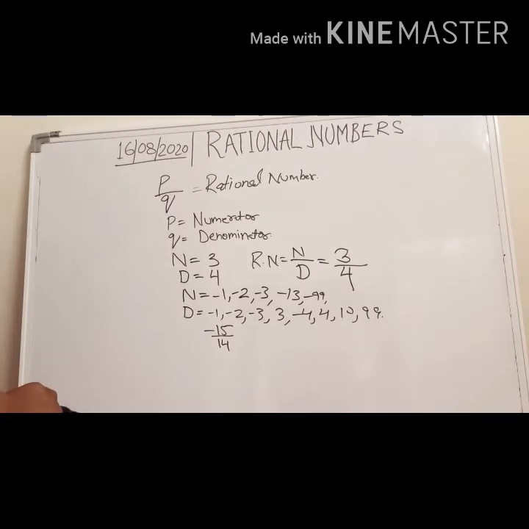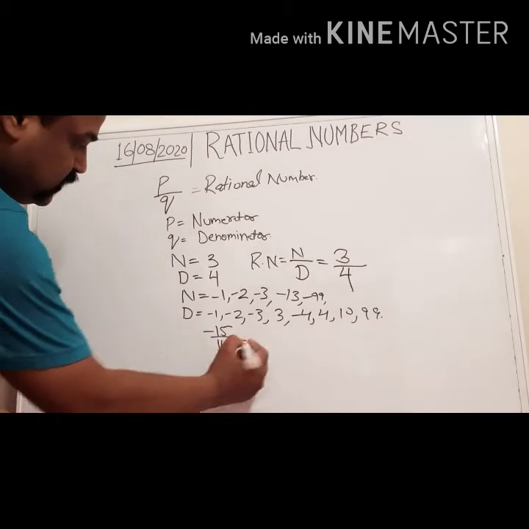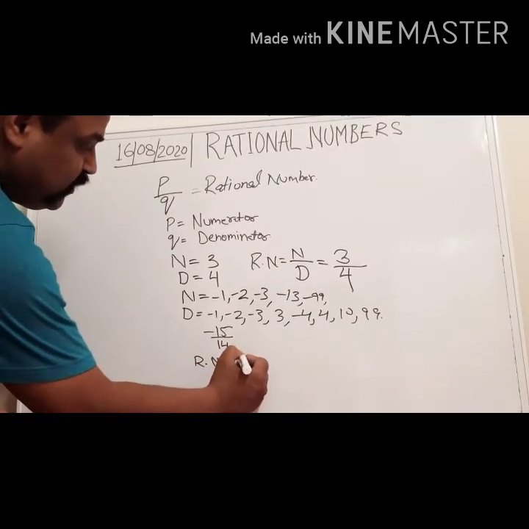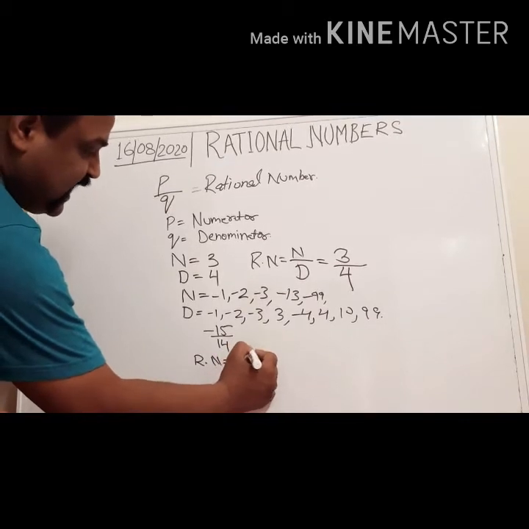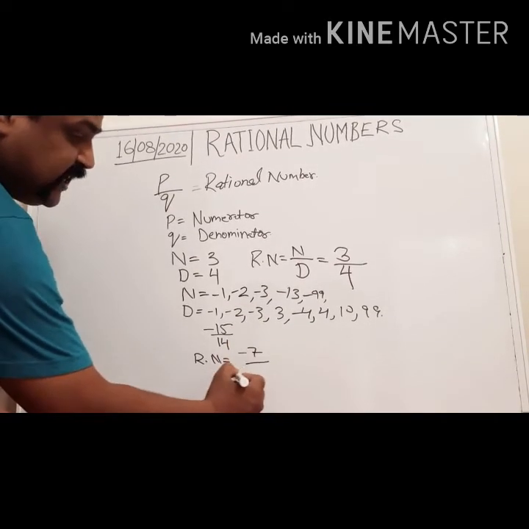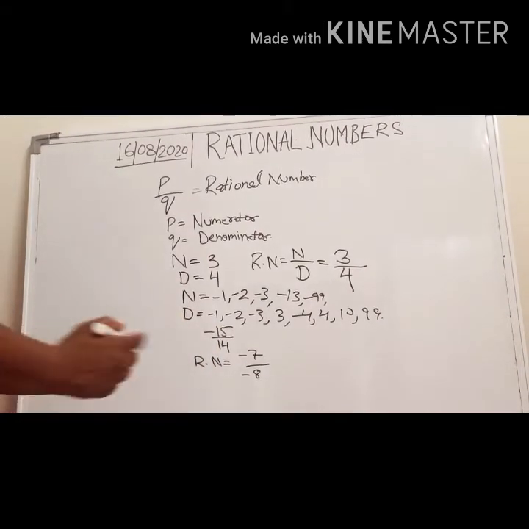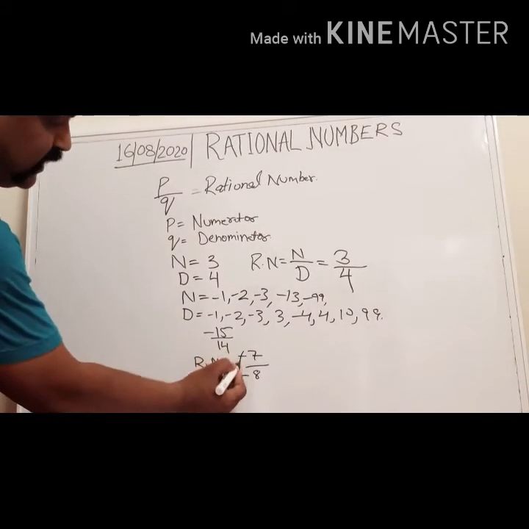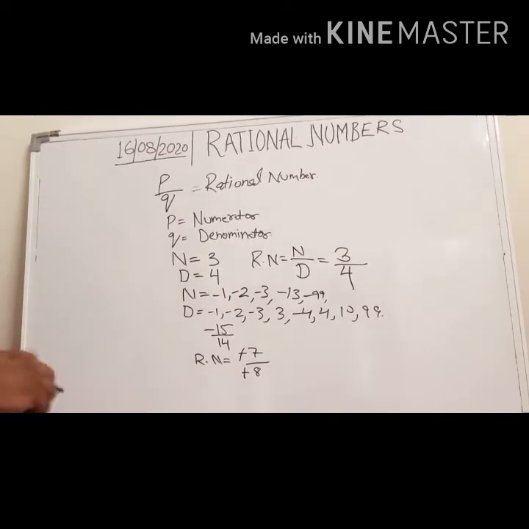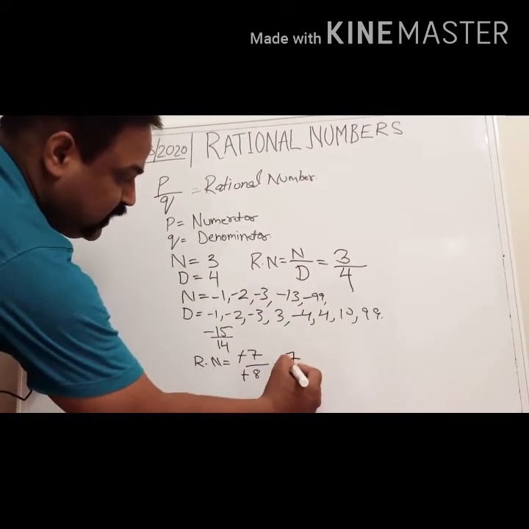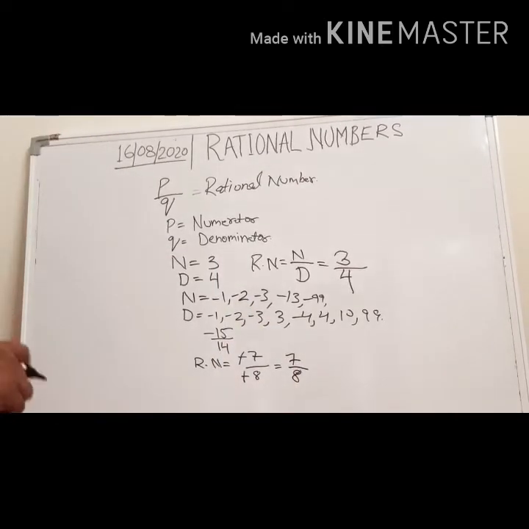And suppose in our rational number the numerator is negative and the denominator is also negative, then in that case the negative sign of the numerator gets cancelled with the negative sign of the denominator, and finally the rational number becomes positive, like this.